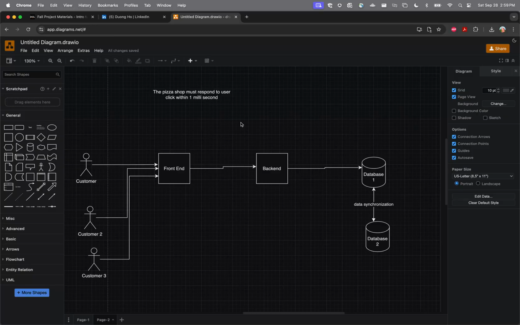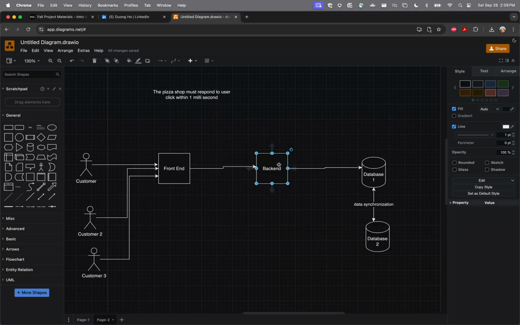Notice how I haven't specifically said how the backend should be designed and developed, or how the front end should be. I simply showed you the high-level architecture of the majority of systems nowadays: front end, backend, database. And I explained that in order to accomplish this non-functional requirement, your system architecture needs to at least have two databases, for example, just so that it can split the workload.